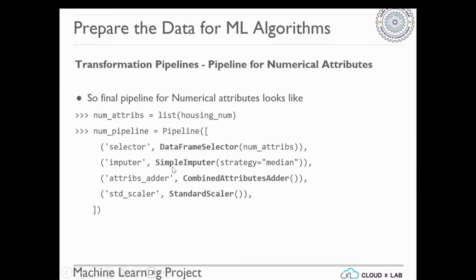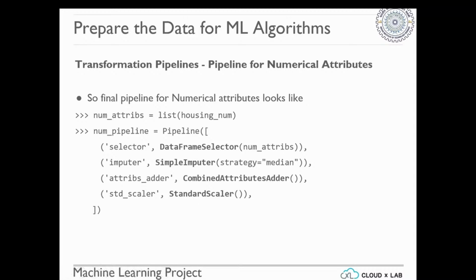Or if you are using the recent version of scikit-learn, then you can skip this first line, right? Okay, so in this pipeline, what exactly are we doing? We are first converting to NumPy array data, and then we are imputing missing values, and then we are adding extra attributes to our data set, and then in the last step we are using feature scaling, right?